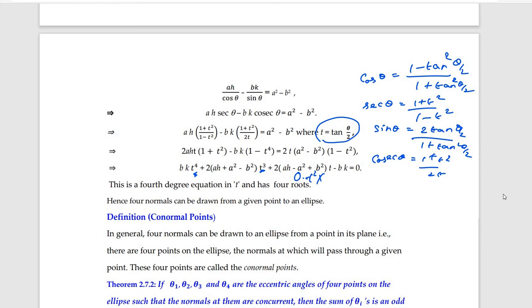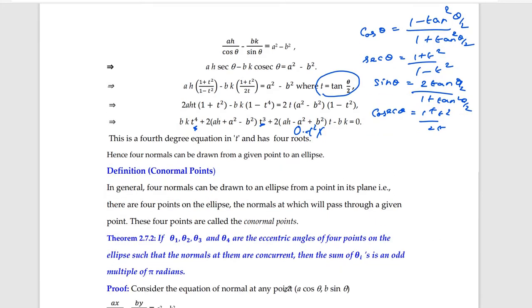But we consider the result that the sum of the theta i's, the eccentric angles, is an odd multiple of pi radians. If theta 1, theta 2, theta 3 and theta 4 are the eccentric angles of four points on the ellipse such that the normals at them are concurrent, that is, they are conormal points, then the sum of theta i's is an odd multiple of pi radians.